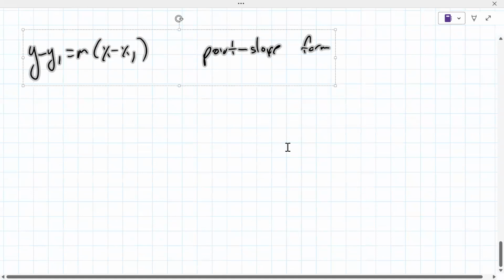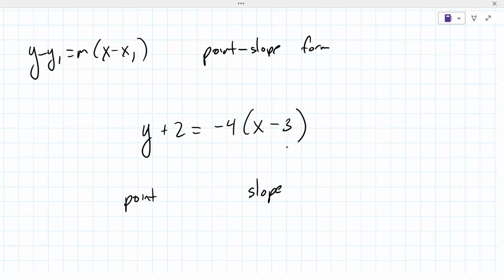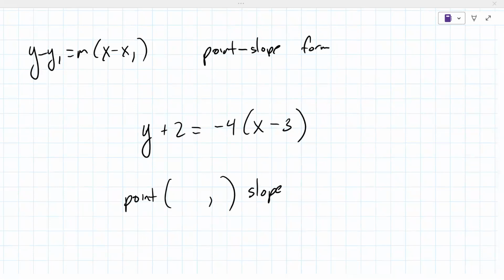So if I tell you it's y plus 2 equals -4 times x minus 3, and I ask you for the point and the slope, do you think you could do that? That's kind of going backwards. Yeah. Okay.